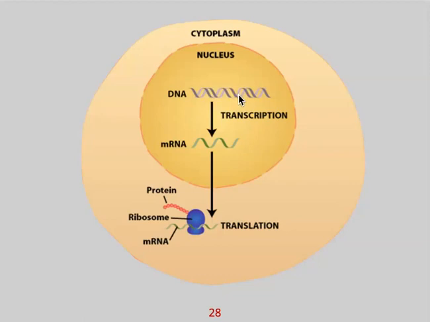We want to be able to create the same proteins in the correct sequence again and again, cell division after cell division. So we want to make sure it's in a sacred place where it's well protected. And so by using this middleman mRNA, we're able to carry that message out into the cytoplasm without damaging the DNA.